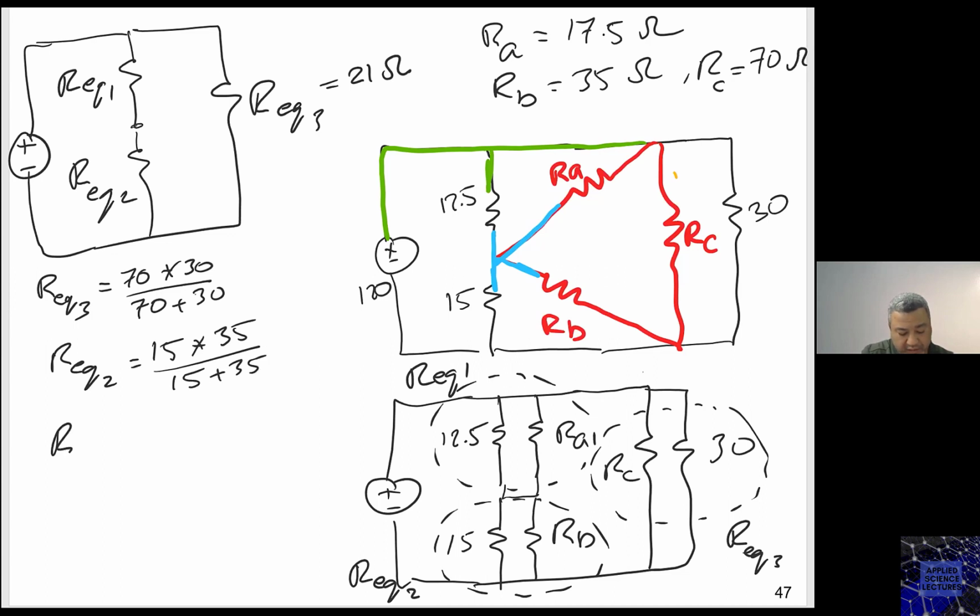And I have R equivalent 1 as 12.5 times 17.5 divided by 12.5 plus 17.5. So R equivalent 1 is 7.29.